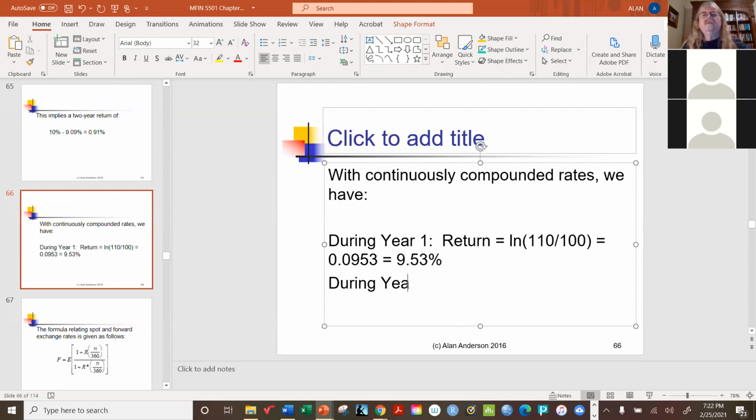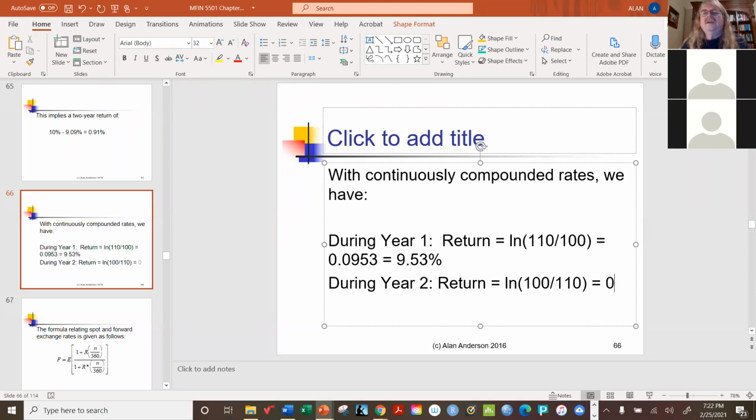And during year two, the return is the log of the ratio of the year two price over the year one price.